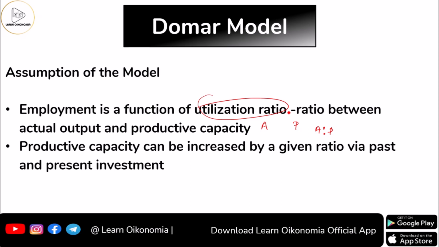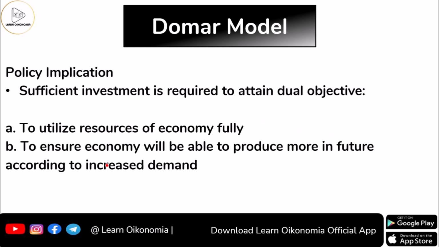And productive capacity, we can increase it by a given ratio. So you just need to consider the present as well as the past investment, so that you can see whether you have increased your productive capacity or reduced your productive capacity.